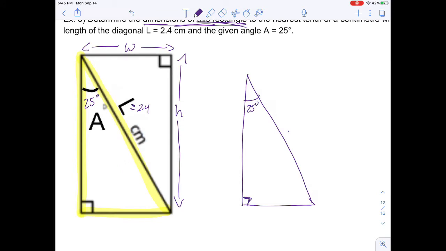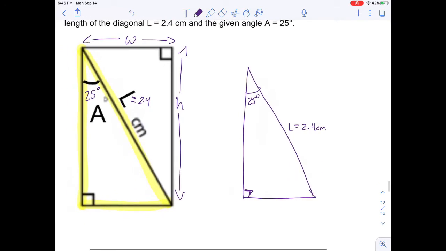And then we know here L equals 2.4 centimeters. Now, this height here is the exact same length as here, so from here to here is h. And hopefully we can see that this width here is the exact same as this width here. So this is w.